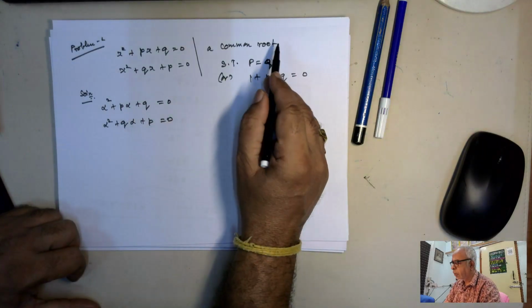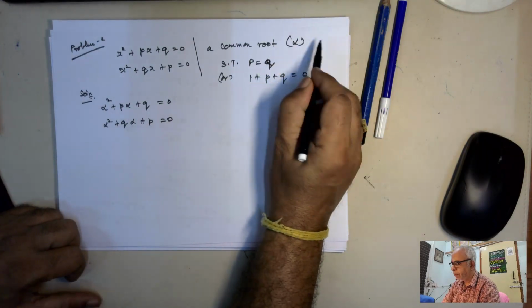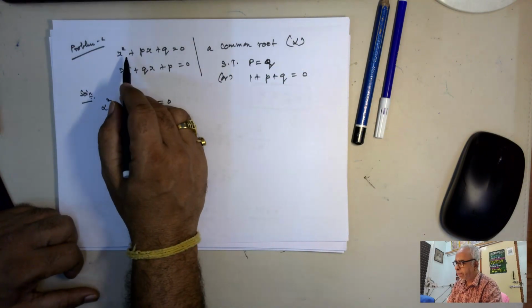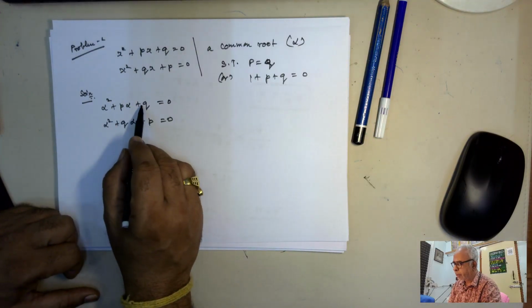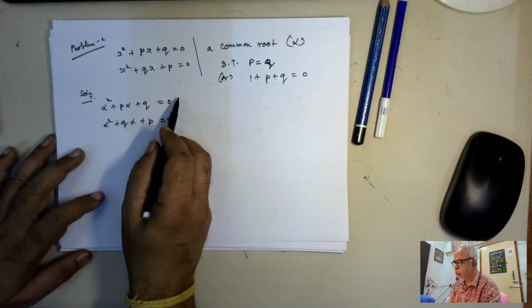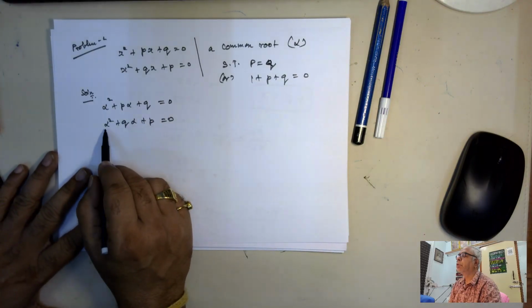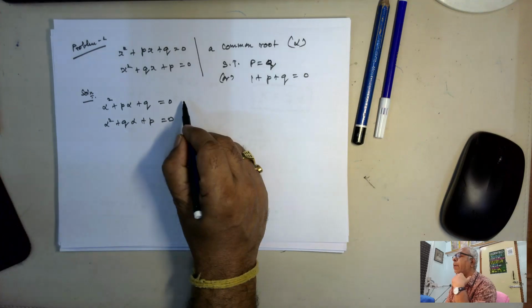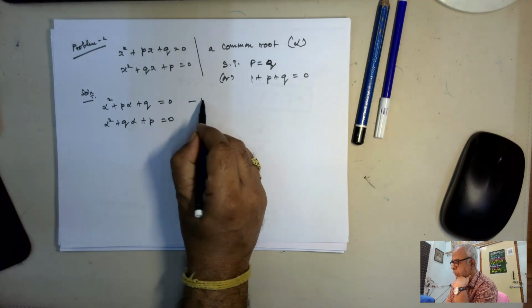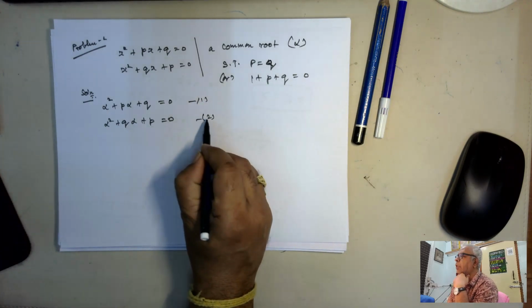See, we have got the common root, that is alpha here. Let us replace x by alpha. So alpha squared plus p alpha plus q is equal to 0. That is the first quadratic. The second quadratic equation is alpha squared plus q alpha plus p is equal to 0. So this is the first equation, this is the second equation.